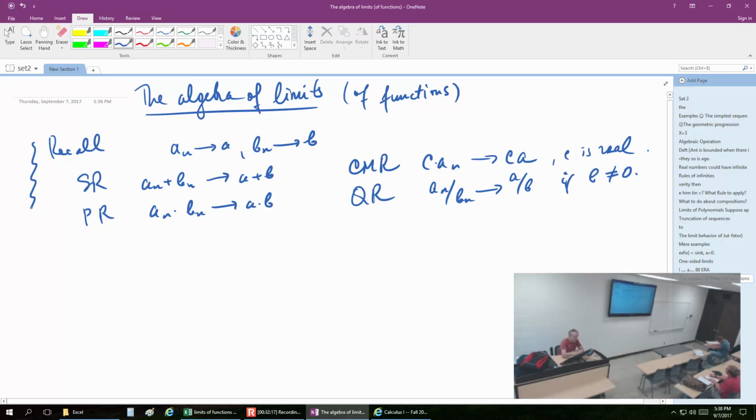So this is familiar stuff about limits of sequences, and now we have the same or similar or matching property of limits of functions.